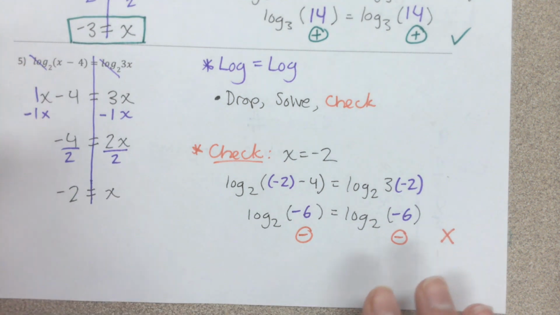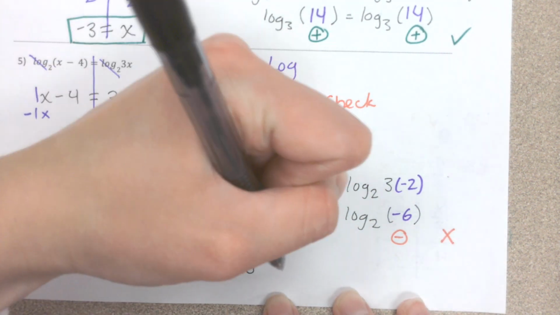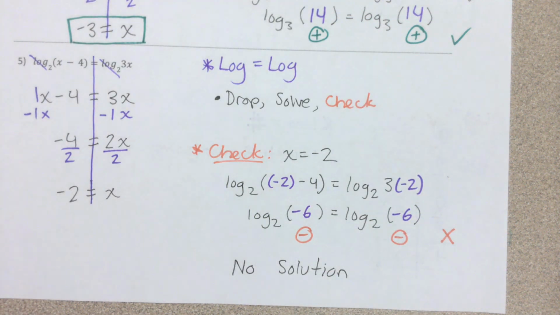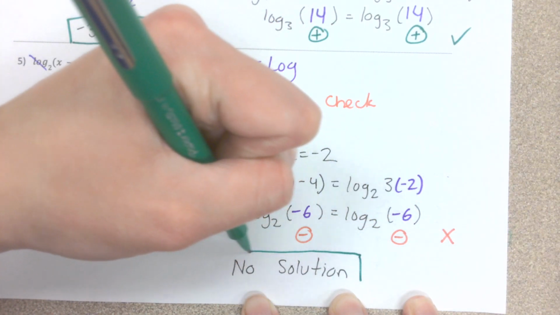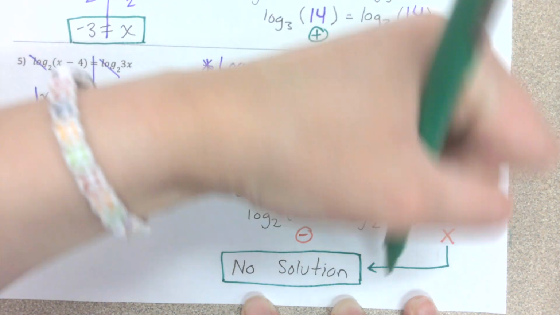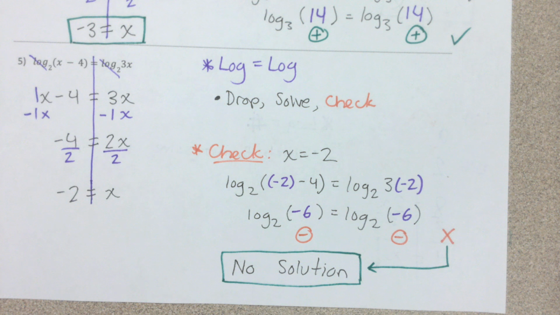No solution, exactly. If it fails the check, then that's it. No solution. So hopefully you can see why the check is extremely important. If you don't do it, you would have no idea that your answer is actually no solution.